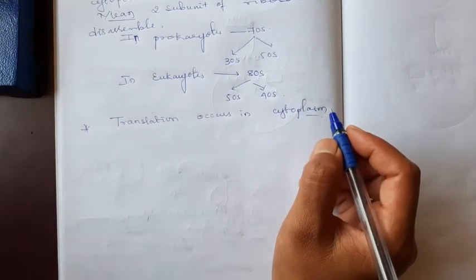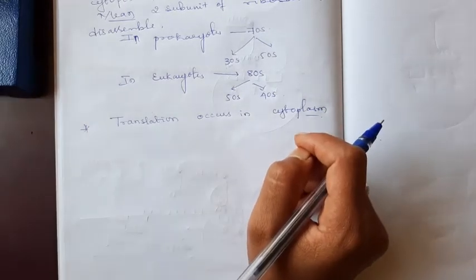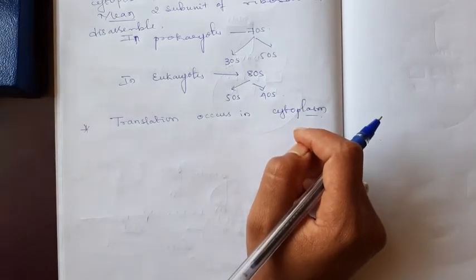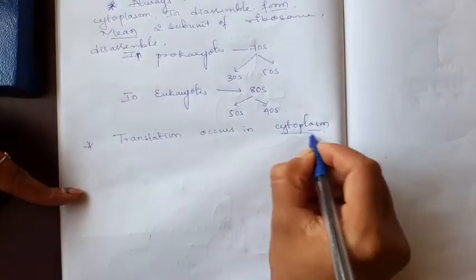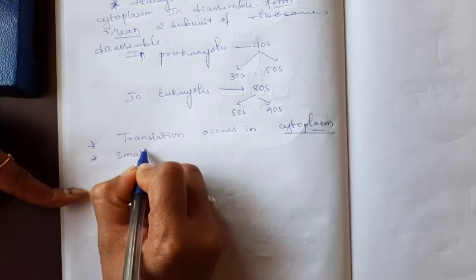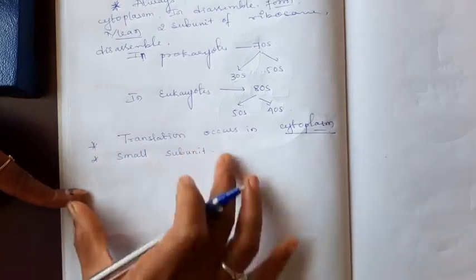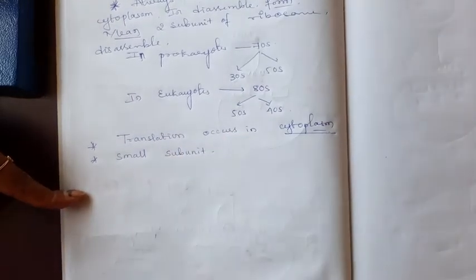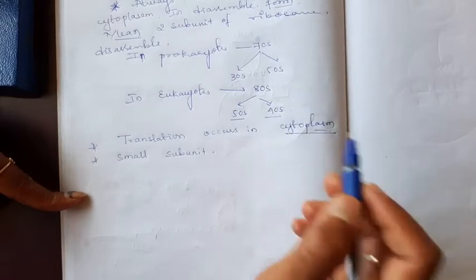Okay, the large subunit is going to attach on the mRNA. Firstly, in the cytoplasm, I will consider eukaryotic translation, so I will take the subunits of the eukaryotic ribosome.